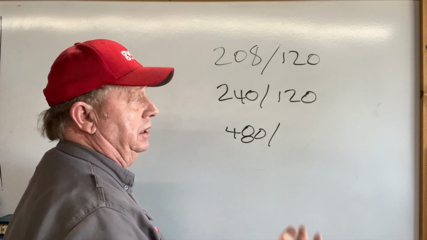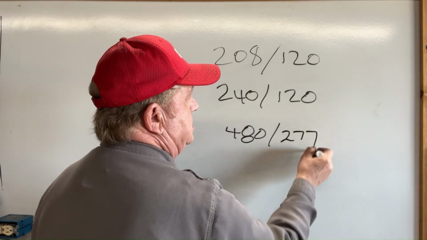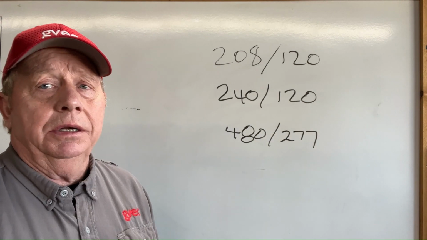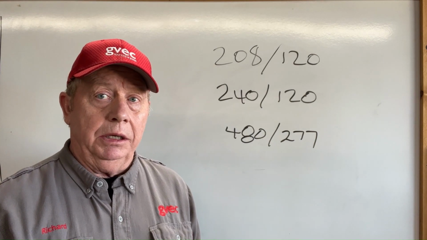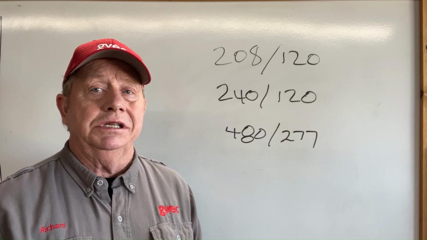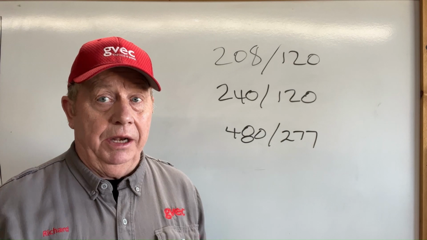If it's delta, it's 480 volts. If it's Y, it's 480 volts, 277. The shortcut, all you need to know is the size of your transformer bank, the secondary voltage output, and the multiplier. All these are in your head.